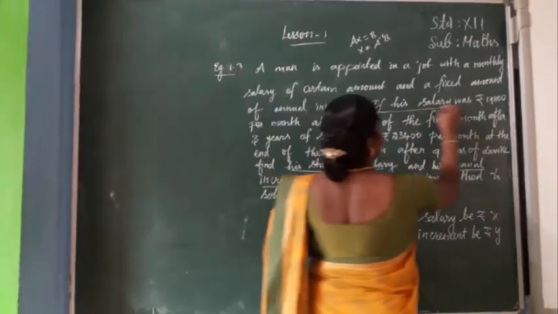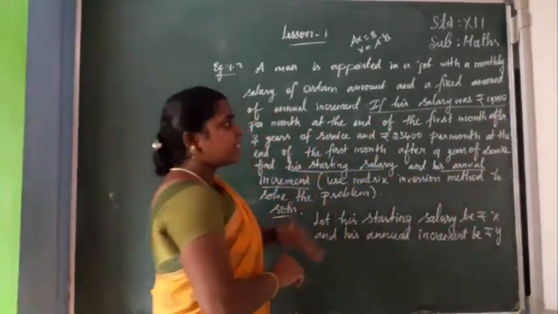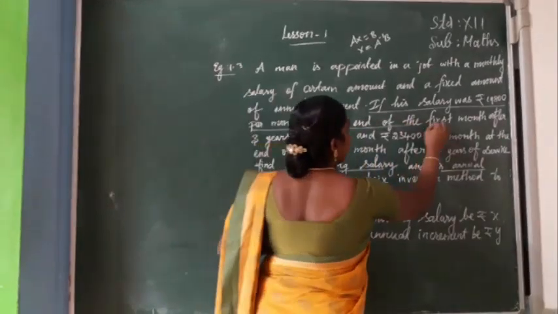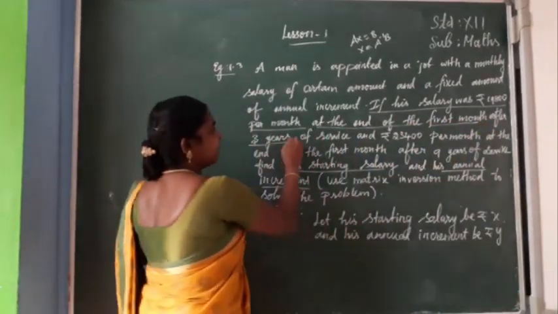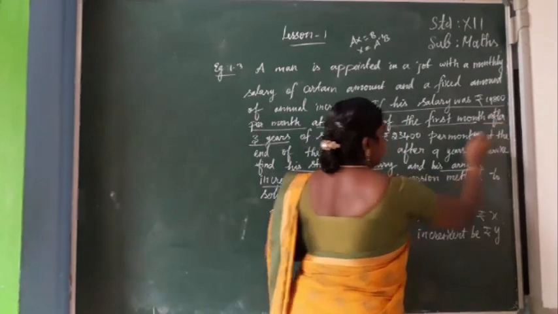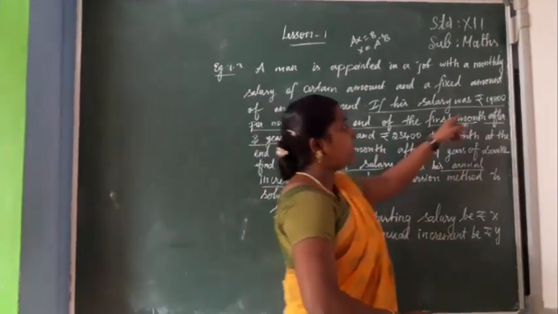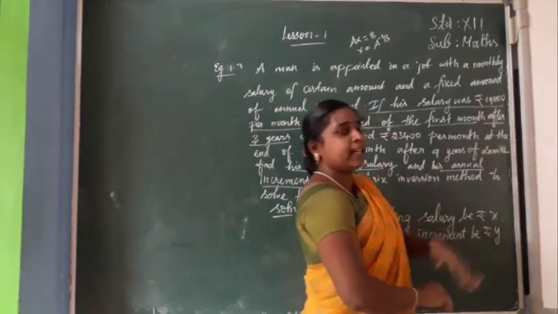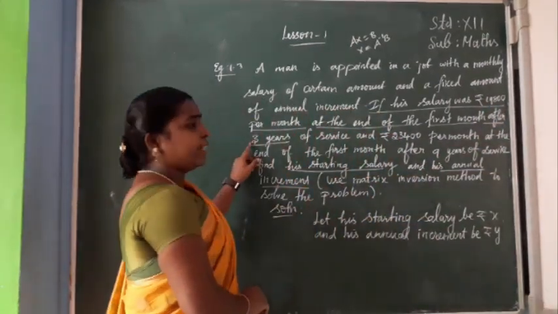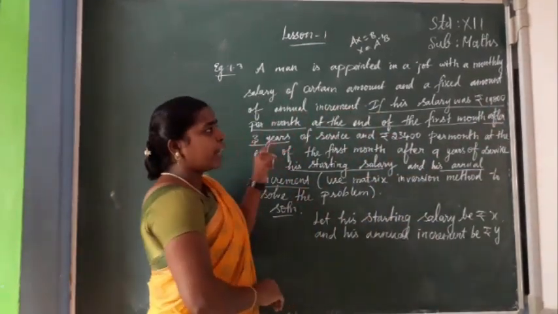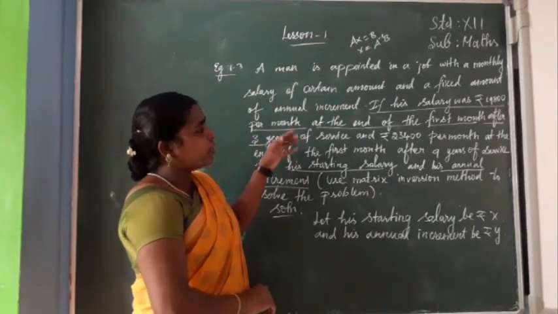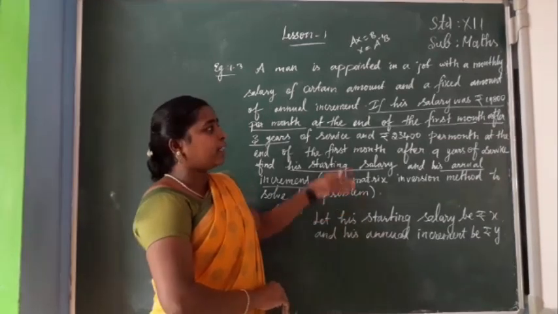If his salary was rupees 90,800 per month at the end of the first month after 3 years. The starting salary is not given.